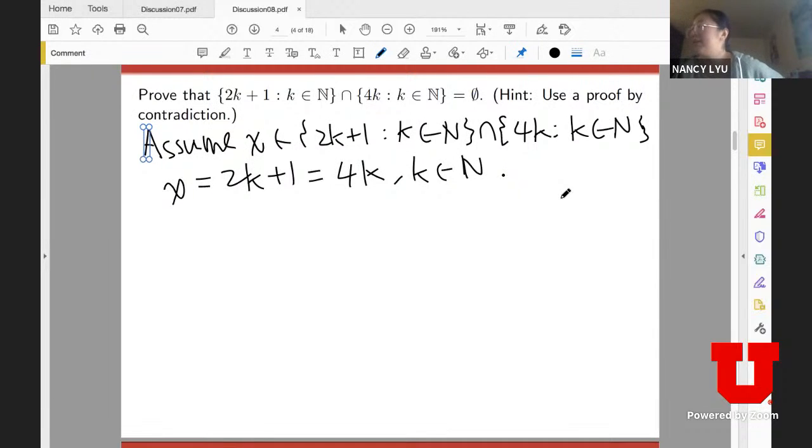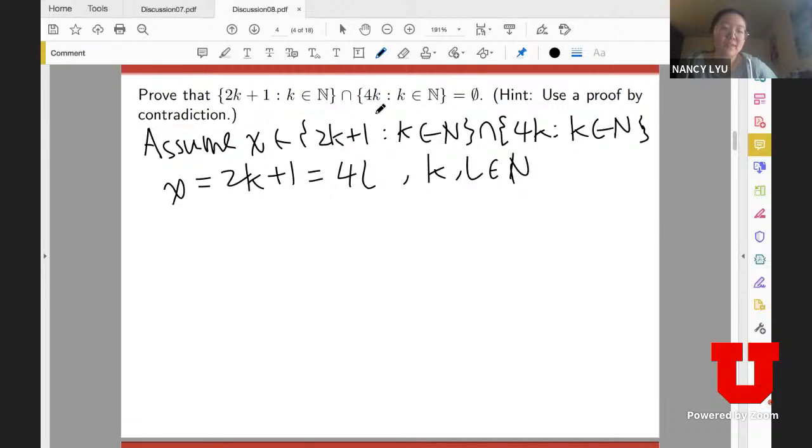Okay, I think we're actually going to use a different variable here instead of the 4k. Let's just use L. So why are we going to use a different variable? If we look at these two sets, they have 2k plus 1 and 4k, where k is a non-negative integer, but that doesn't mean k is the same number.